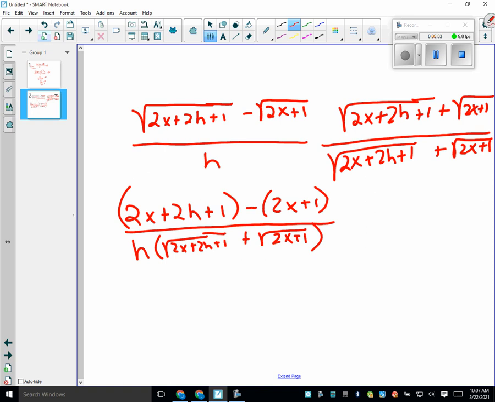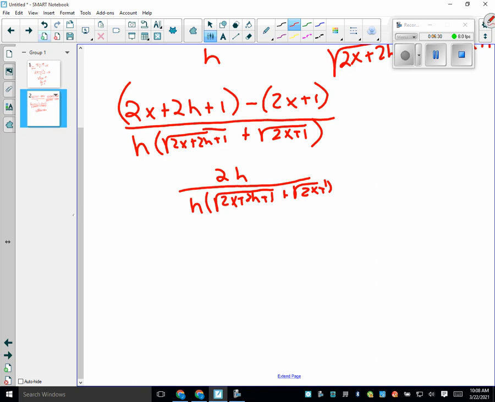Oh, okay. I see what we did. I thought that was the answer when really that's just the conjugates. On top, I have 2h. Don't I? Over this. You agree?